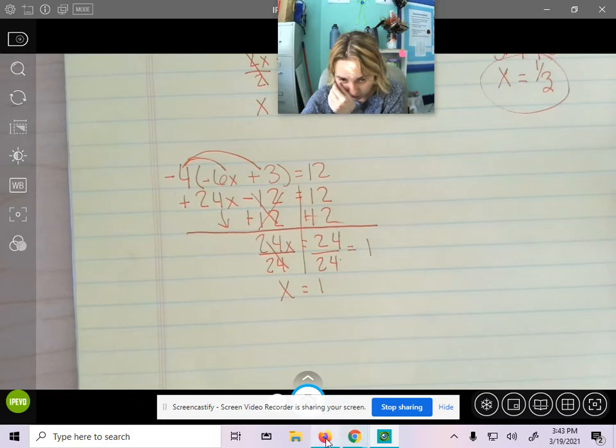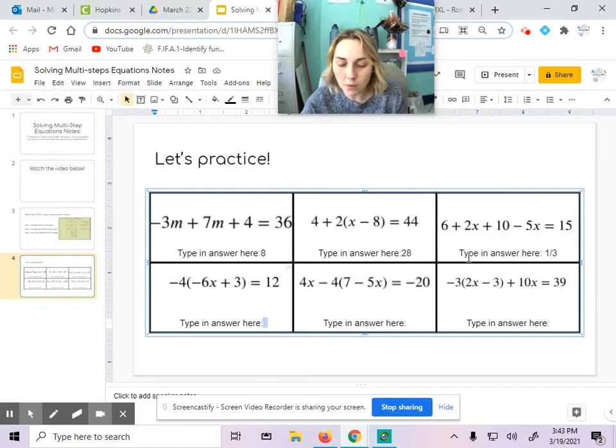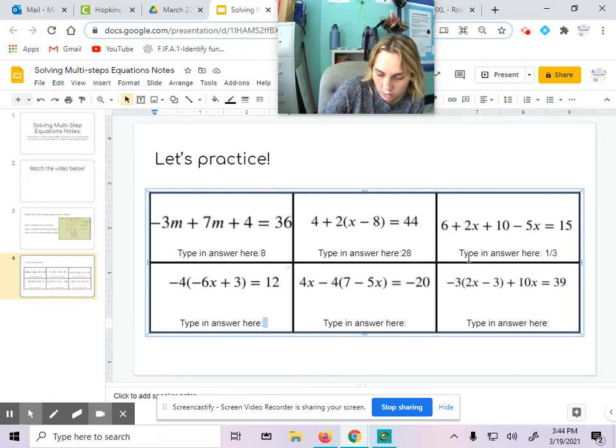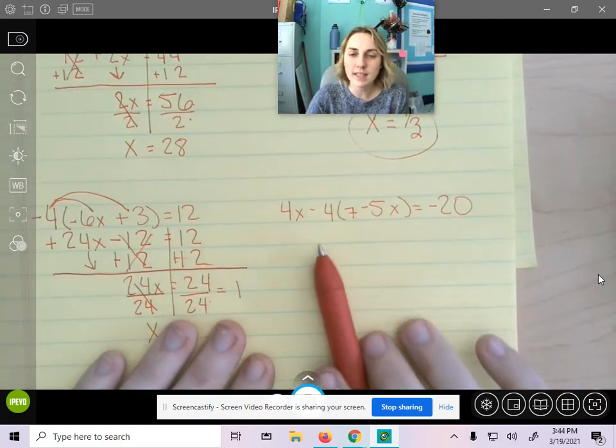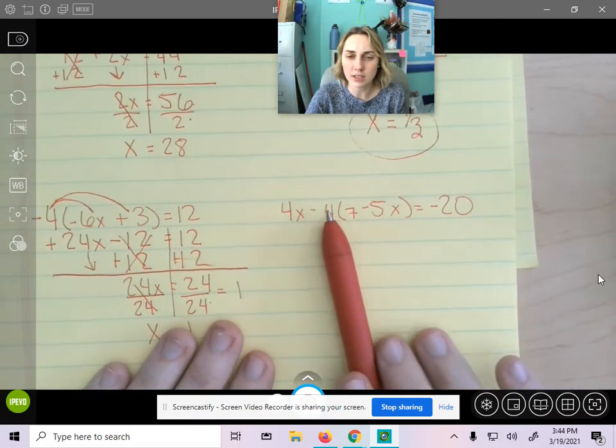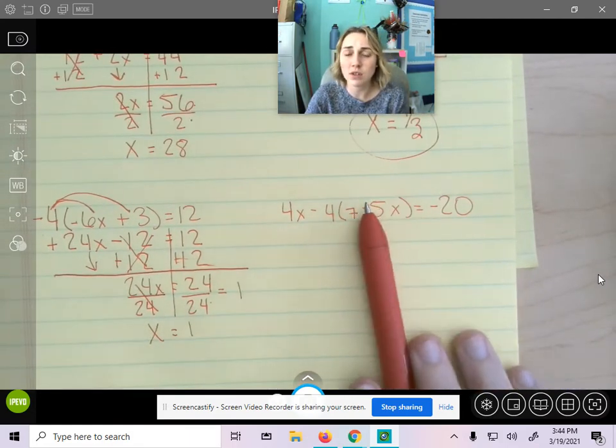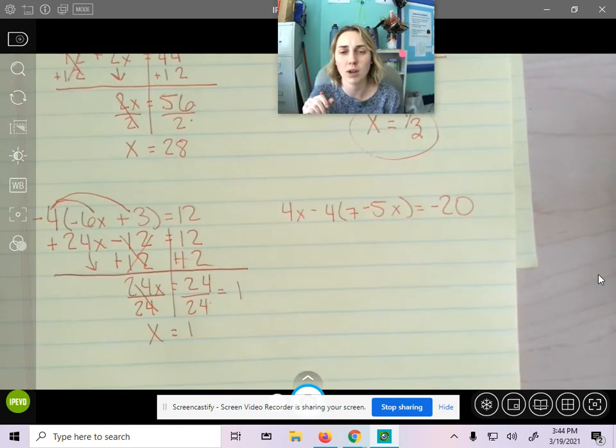All right, so two more problems. So what we have here is 4x minus 4 times the quantity 7 minus 5x, and that is going to be equal to negative 20. All right, cool. All right, so in this case, we do have to distribute first. There's a chance for us to distribute, so we always have to do that first before we can solve the rest of the problems.